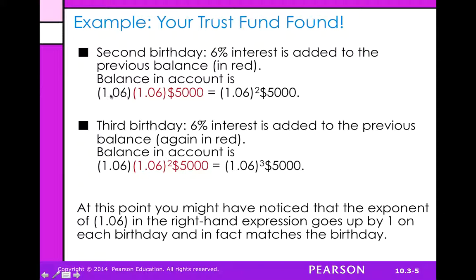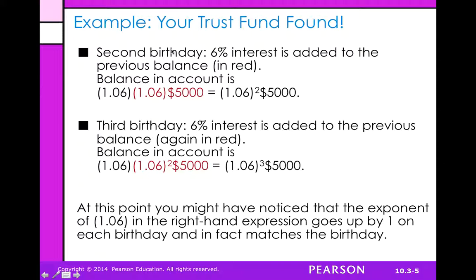So the balance in the account is now this number: 1.06 times $5,000, which takes into account the interest you got after the first birthday. And after your third birthday, 6% interest gets added again. Basically, all you're doing is tacking on 1.06 times the previous one, which results in 1.06 to the power of your birthday.